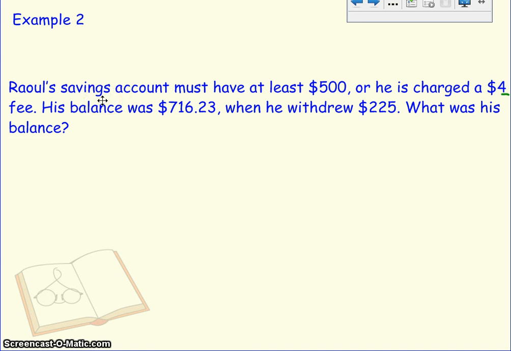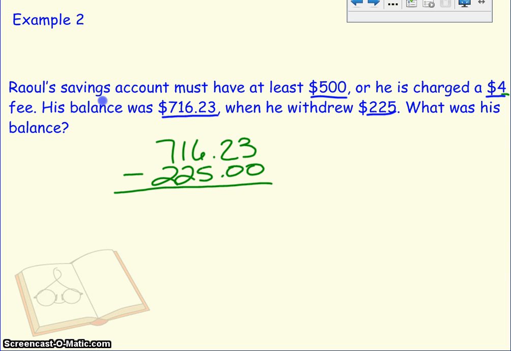Example 2, it says Raul's savings account must have at least $500 in it, or he's charged $4. His balance was $716.23, and he withdrew $225. What is his balance? Well, we're going to start with the $716.23, and he subtracted, or took out, $225.